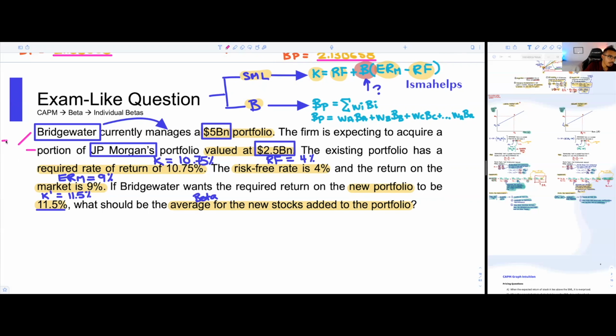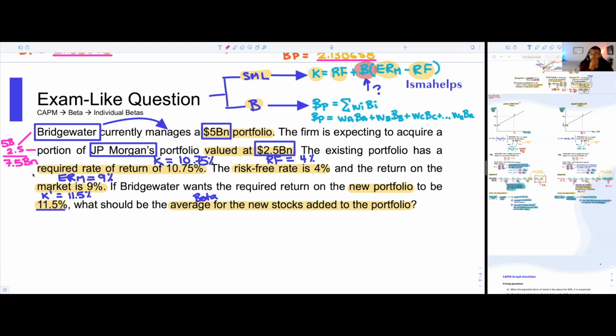We have $5 billion invested in Bridgewater and $2.5 billion invested in JP Morgan. If you do some quick maths, you notice that now the total amount of money managed by Bridgewater, because they purchased JP Morgan, will be equal to $7.5 billion. That's going to be important later on in the question, so just have that key takeaway in mind.